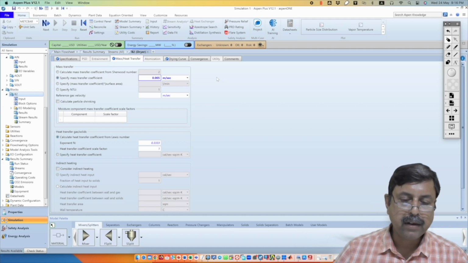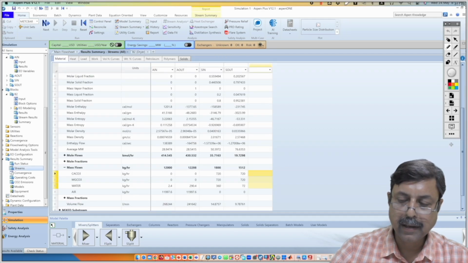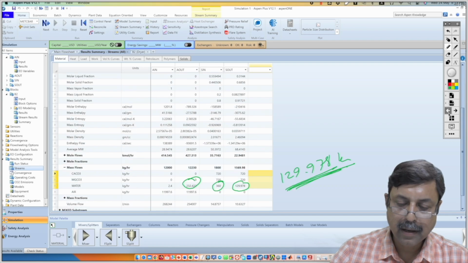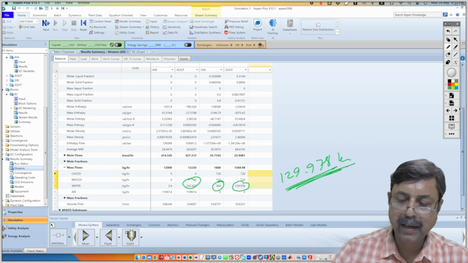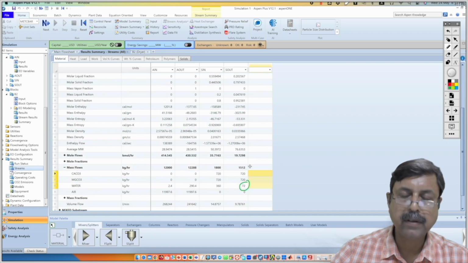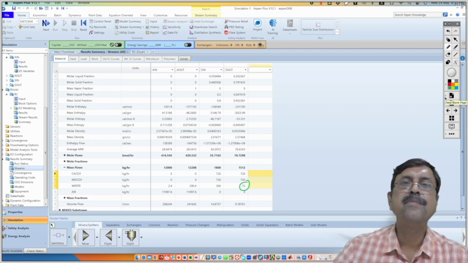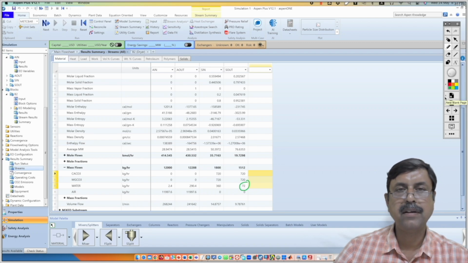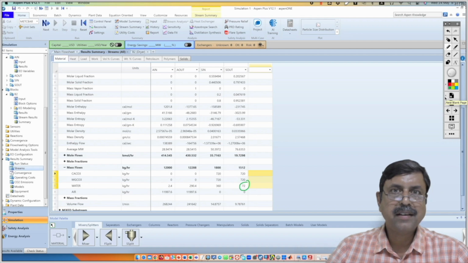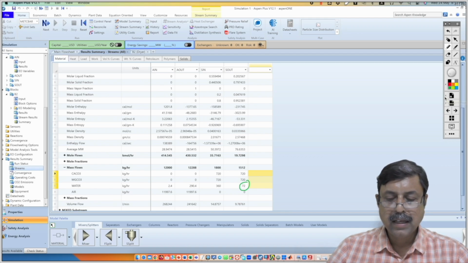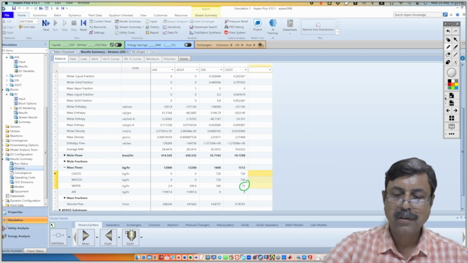Okay. It ran very fast. Now compare the result. Earlier it was 129.978, but this time it is 72. So directly it has come from 129 to 72 because we have increased the mass transfer coefficient. Now let us increase the mass transfer coefficient more and check how low it can go.